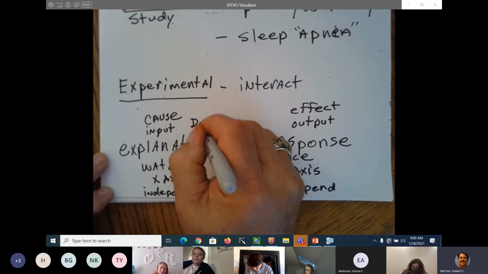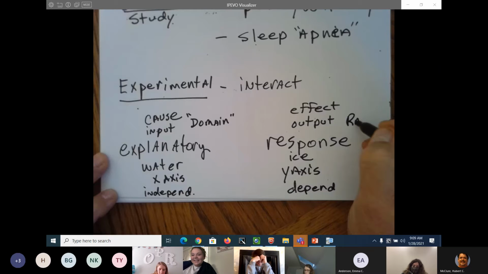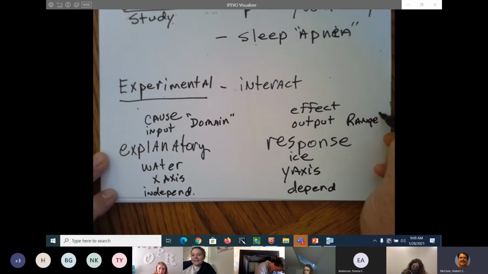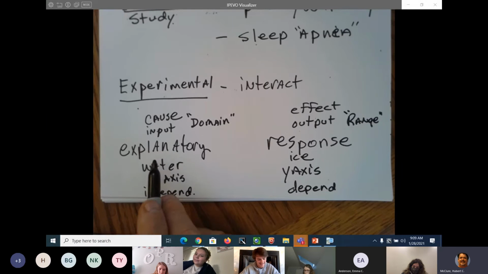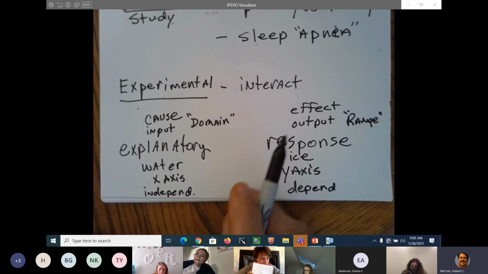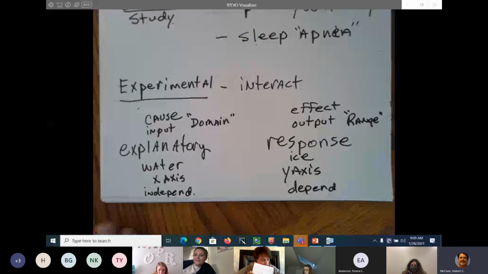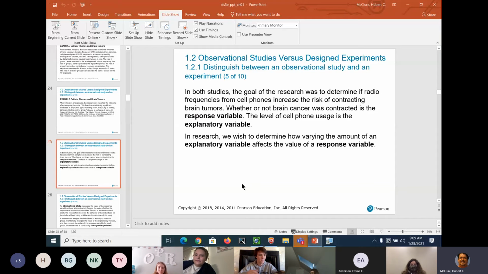I tell y'all what, y'all are awesome. Now, when somebody tells you about an explanatory variable and a response variable, whenever they talk to you about that, now you can associate it with the x-axis and the y-axis.